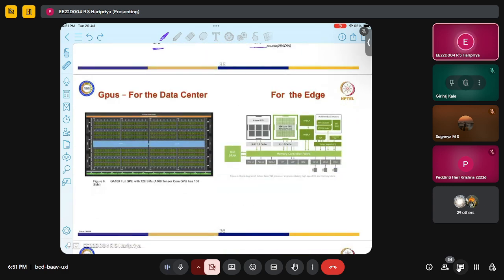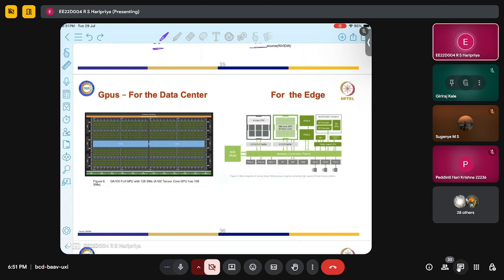So GPUs for the data centers and the edge. GPUs support massive parallel programming. The GPU for the data center is a similar family of GPU.